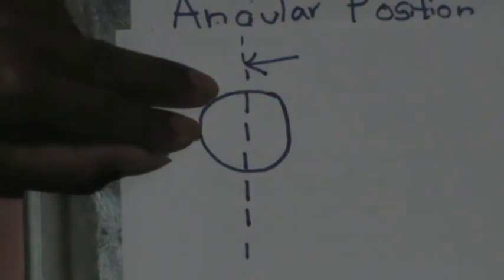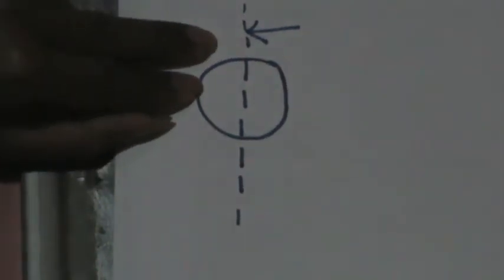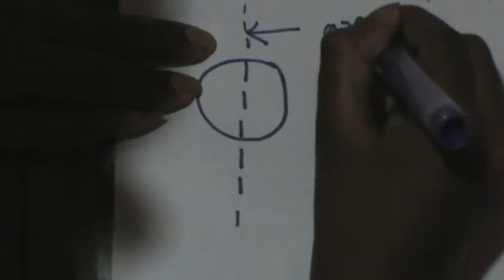Rotational motion. This is the axis. This is called the axis of rotation.